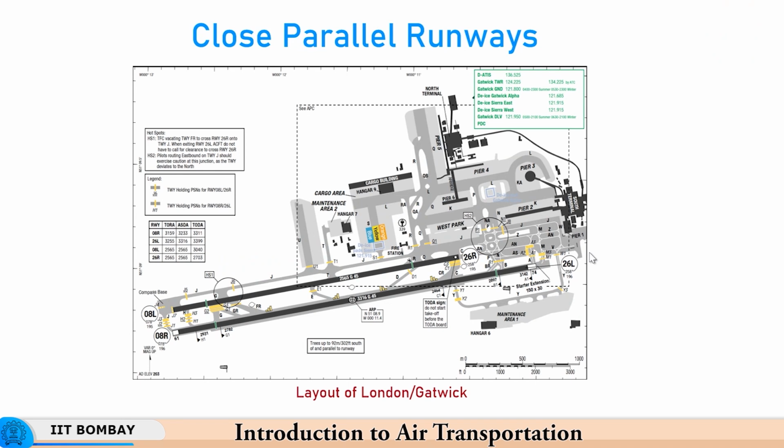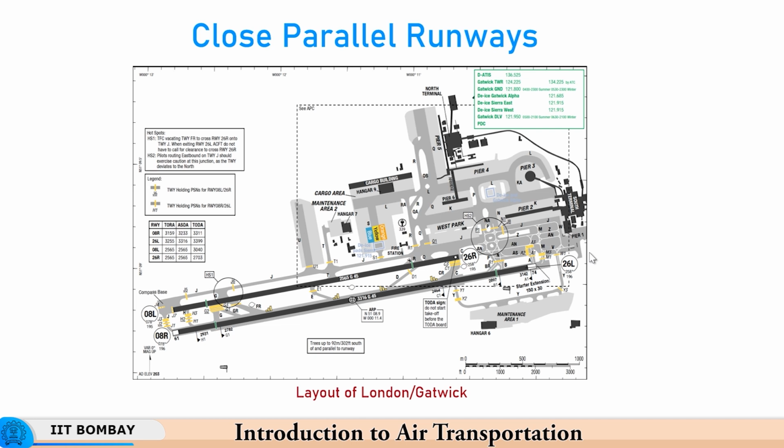So, an example of 2 parallel runways which are close to each other is the London Gatwick Airport. Because these 2 runways, 08L/26R and 08R/26L, are so near to each other, we are not allowed to use both of them simultaneously.